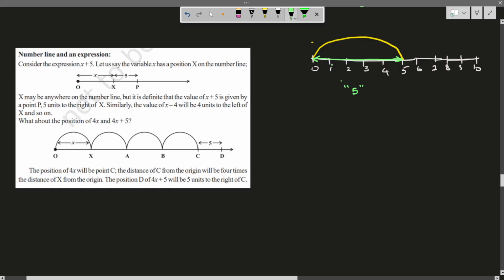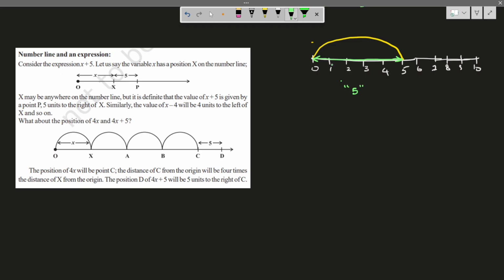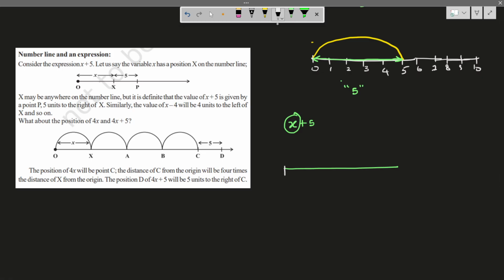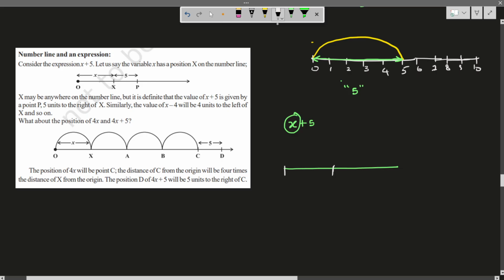Now if I ask you to find the size of x plus 5, before that you must understand that x is a variable. It doesn't have any fixed value. So I'll take a number line and mark somewhere the position as some x, and from there I'll mark 5. This indicates x plus 5, and whenever x changes, the entire expression will also change.